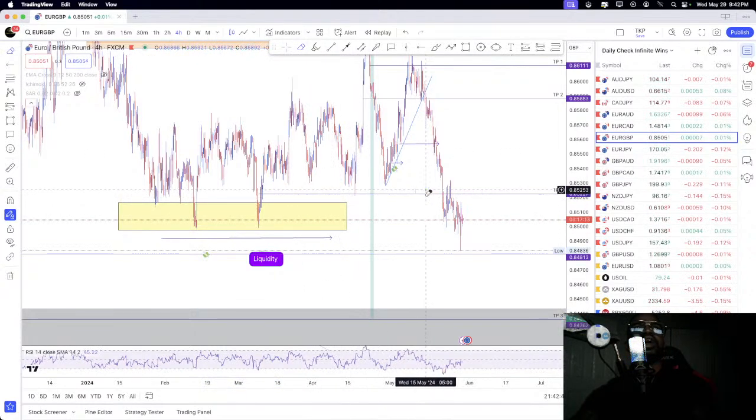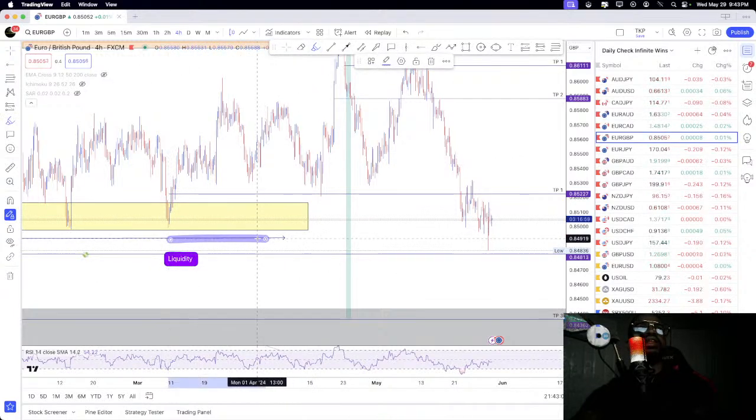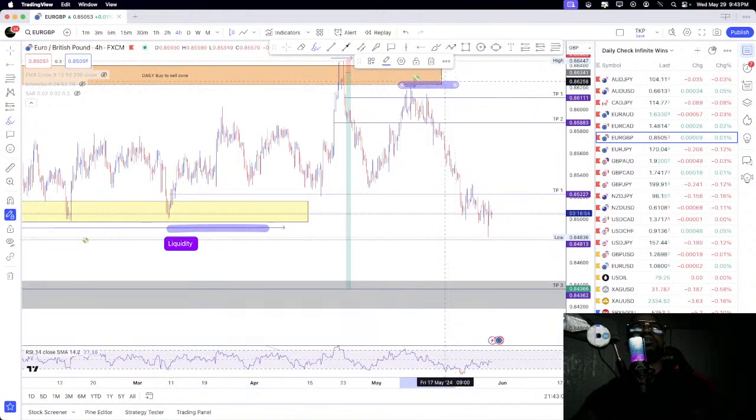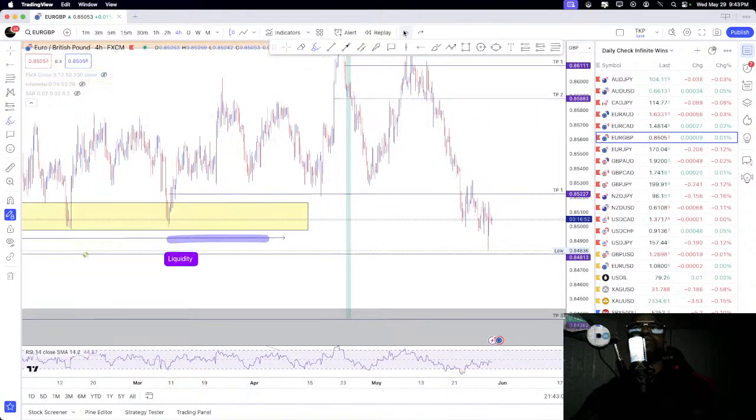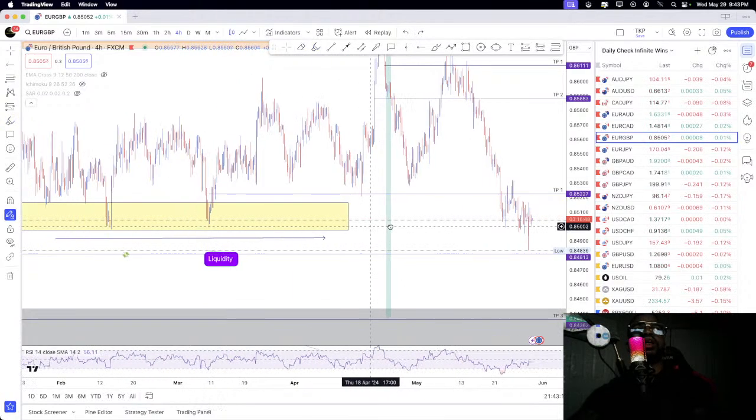Now again, if you guys missed it, when you see support or resistance in the market, the retail trader typically places their stop loss either beneath those areas or above. All of those areas are visible in the market, okay?